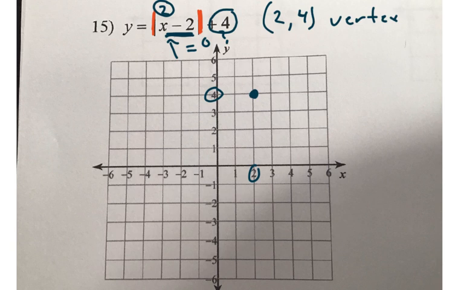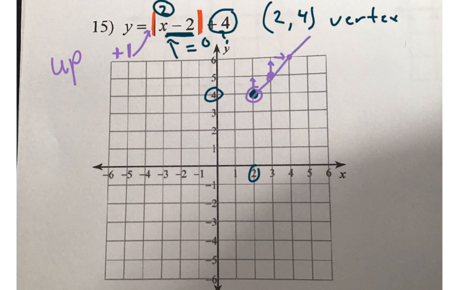Now, some of you have to be careful. Right here, notice that it is a positive 1 in front of the absolute value. A positive absolute value will always open up, so I know it's going to go up. From my vertex, I'm going to go up 1 and over 1, up 1 and over 1.